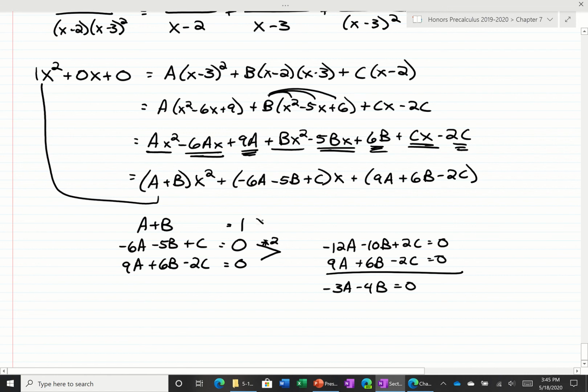And I'll multiply this top equation by 3 to eliminate the A's. And I get B is equal to negative 3.